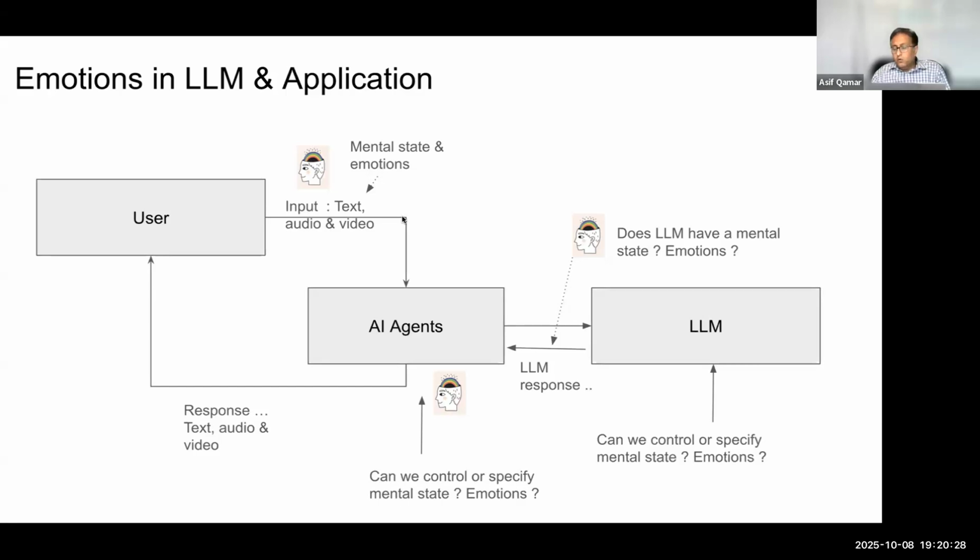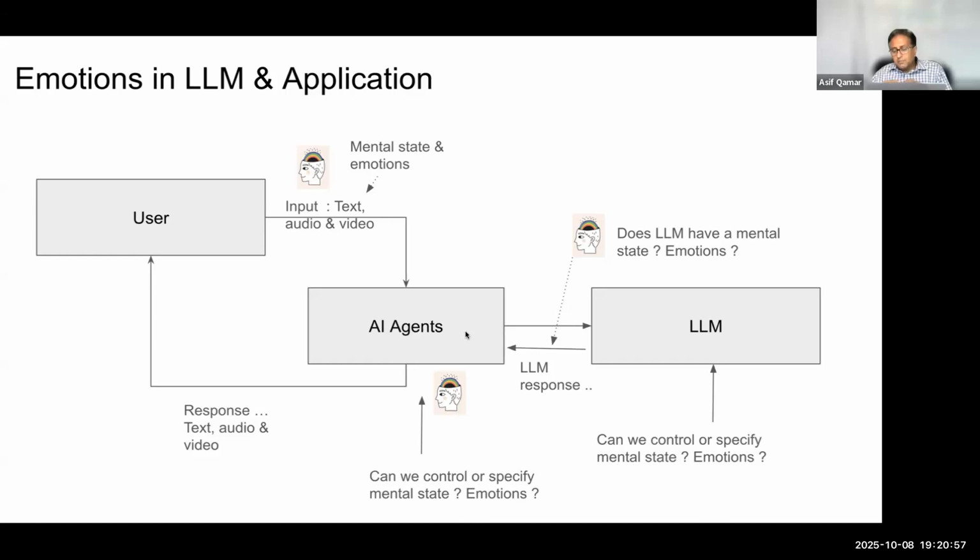Though there is no theoretical proof, we all suspect that LLM understands us. LLM here means LLM and AI agents understand us, and then try to provide responses based on our needs. But I would argue that yes, LLM can understand you, but probably not necessarily all the mental state and emotions that we inherit.